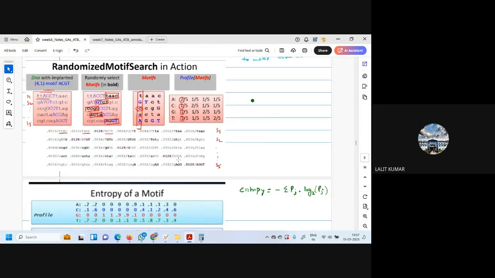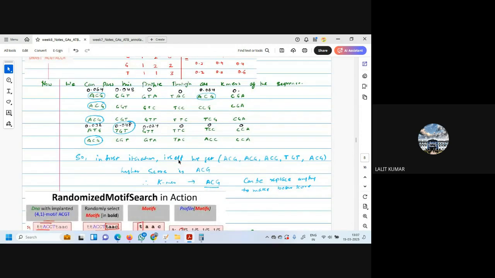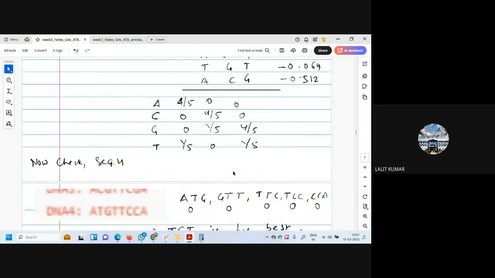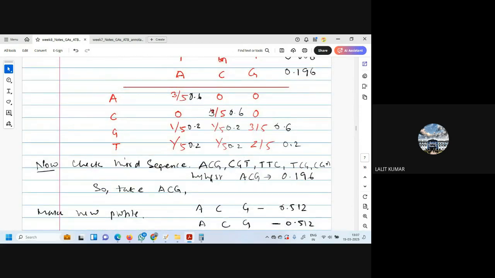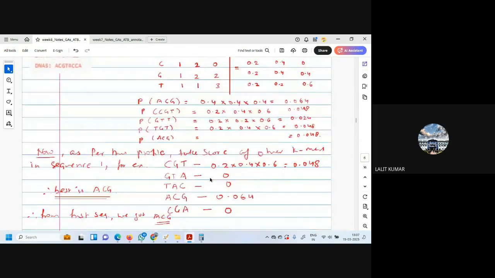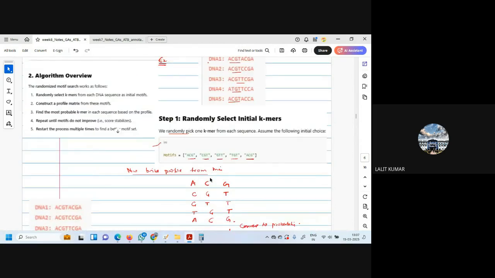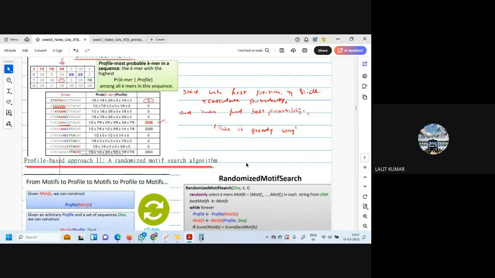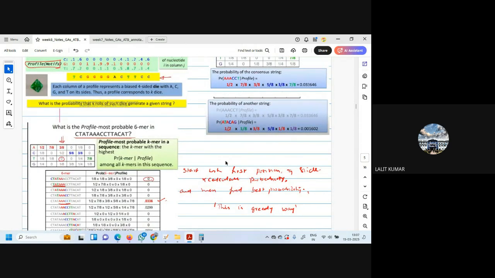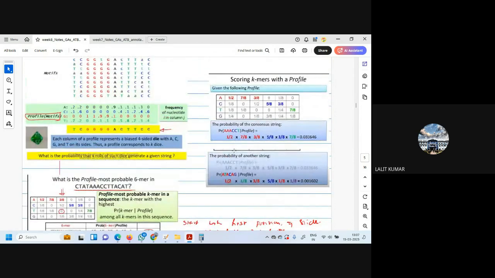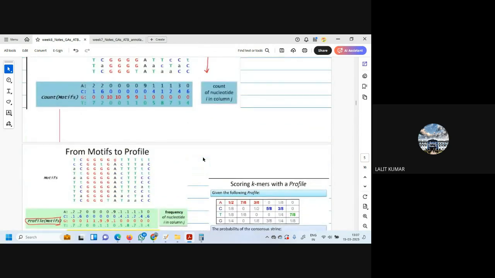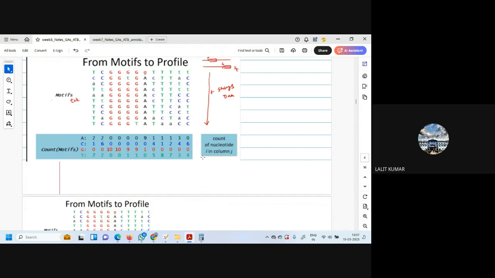Entropy we have seen. Randomness we have seen. This is the probability of the profile. Score of motifs.